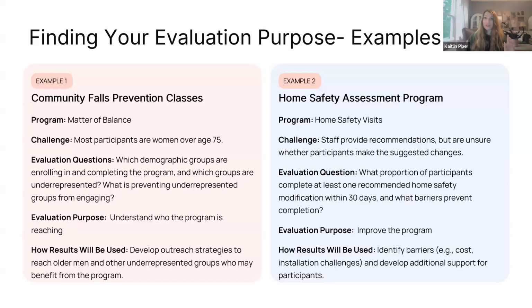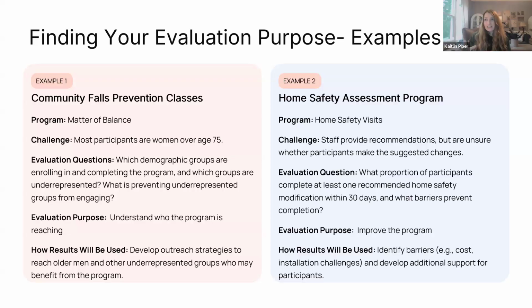That's their challenge, what they're observing currently. That observation leads them to ask: which demographic groups are enrolling and completing the program, which groups are underrepresented, and what is preventing those underrepresented groups from engaging? Their purpose isn't necessarily to prove that their program is working. It's to better understand who they're reaching so they can improve their outreach efforts.